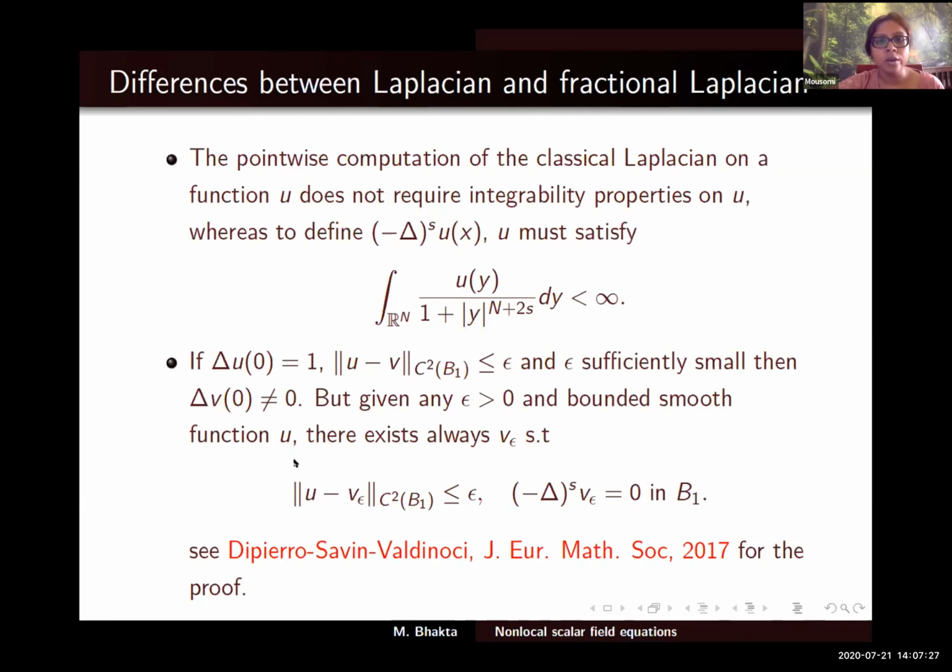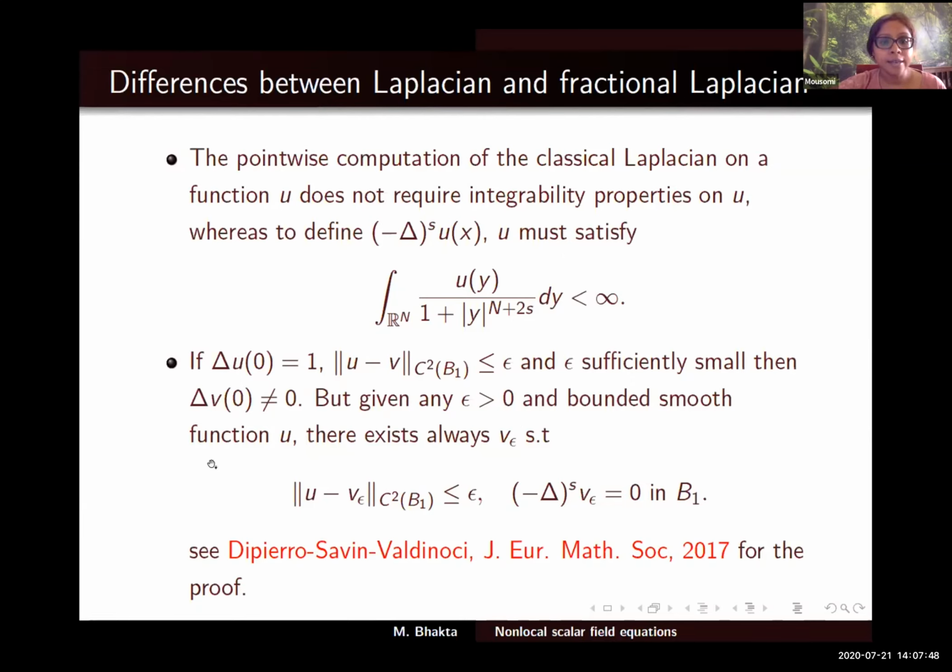So first of all, when you want to define the classical Laplacian, you need differentiability properties of u, right? But when you want to define this fractional Laplacian, to make it well defined, one needs an integrability condition on u.